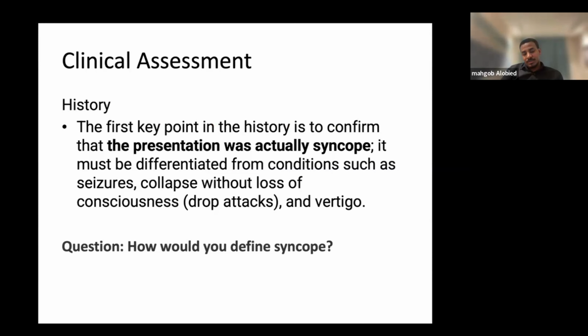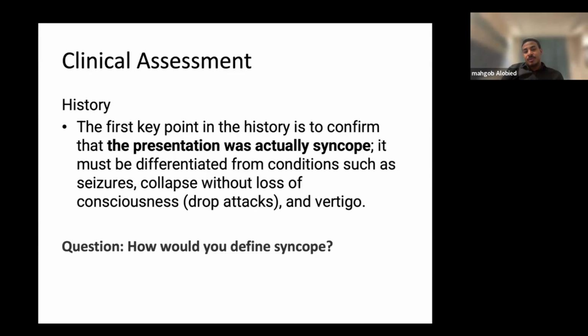He will tell you something else, and from your experience, you will distinguish whether it is truly syncope or not, because there are many other conditions that present similarly, like near syncope or drop attack, and seizure can mimic syncope, and also vertigo and hypoglycemia. There are many differential diagnoses for syncope.